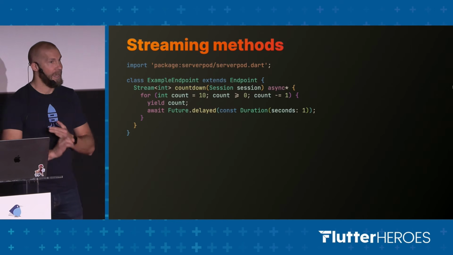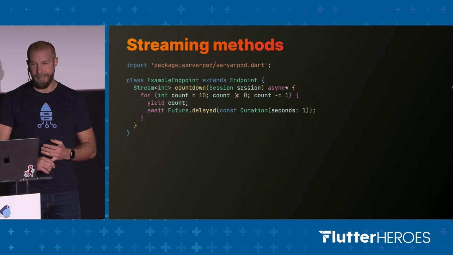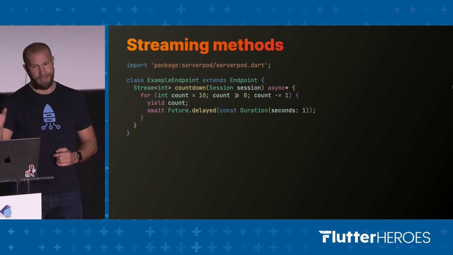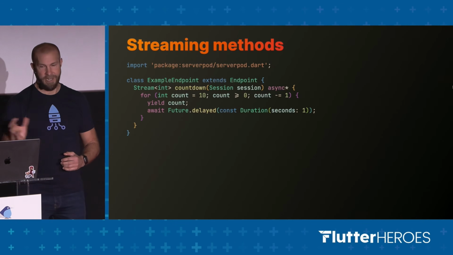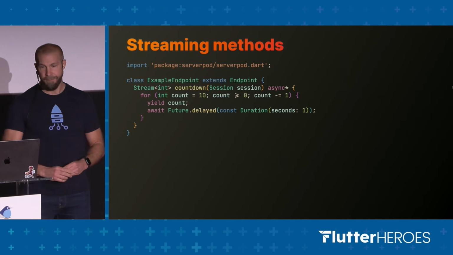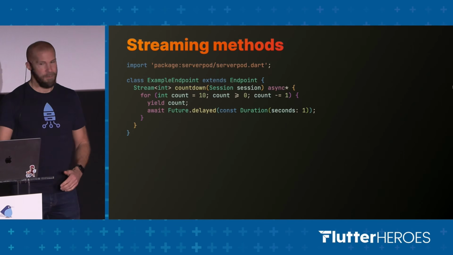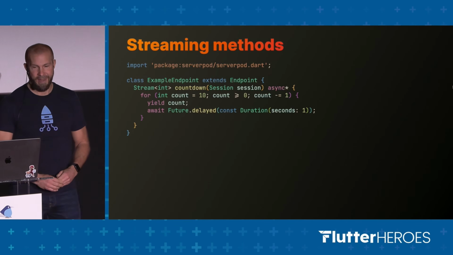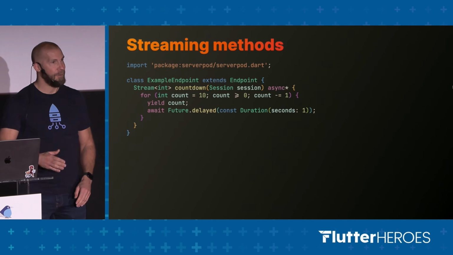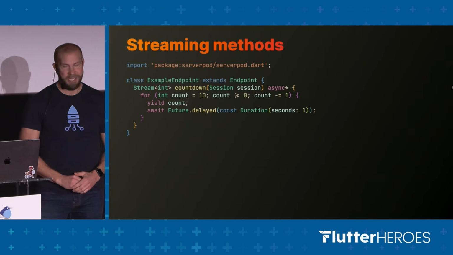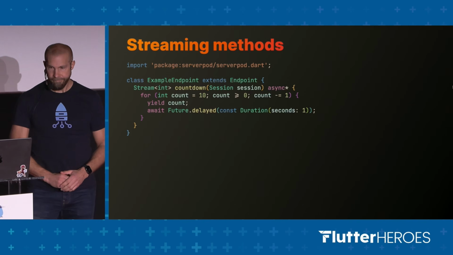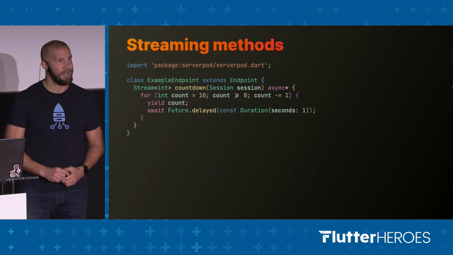And we need to use the async star to do that. That will tell Dart to return a stream instead of a future. So we just do a countdown from 10 to 0 and yield each value and wait 1 second between each of these values being returned.